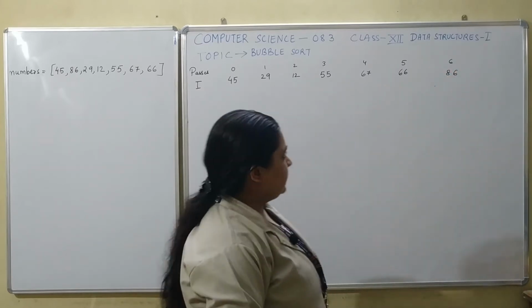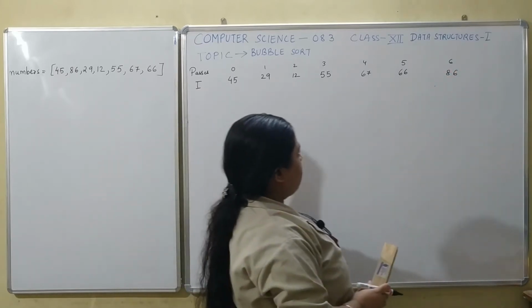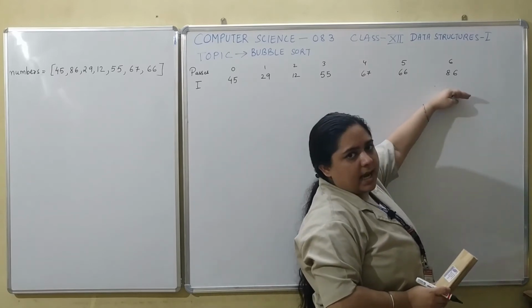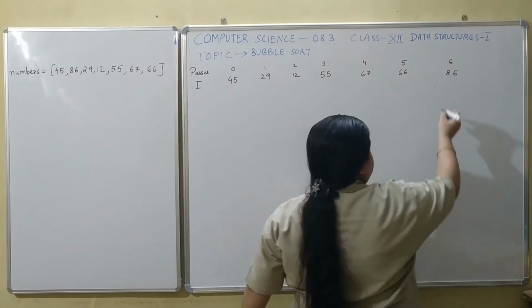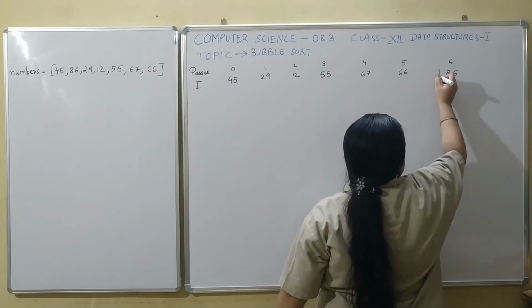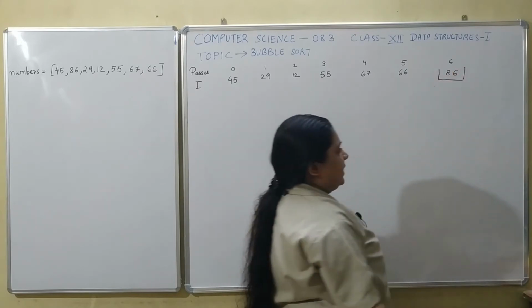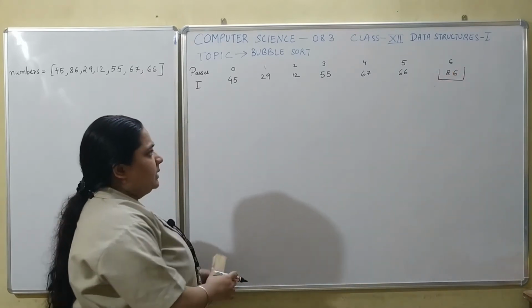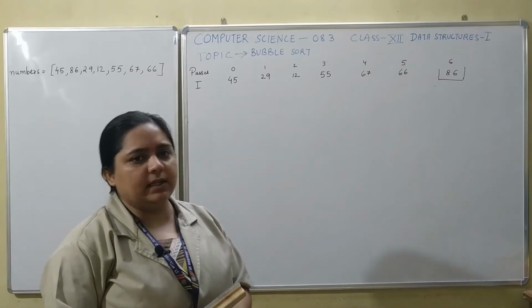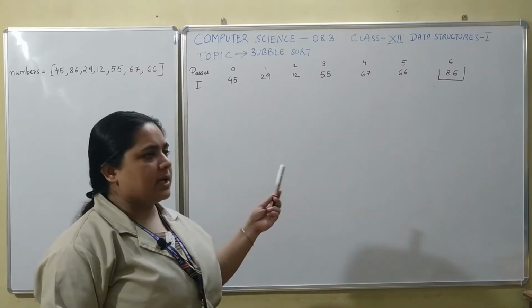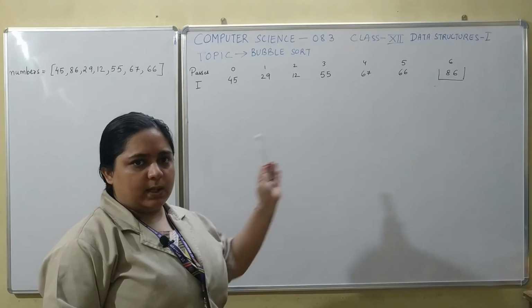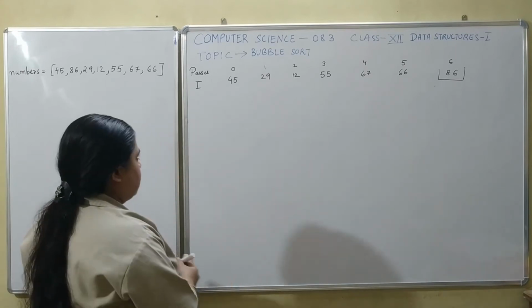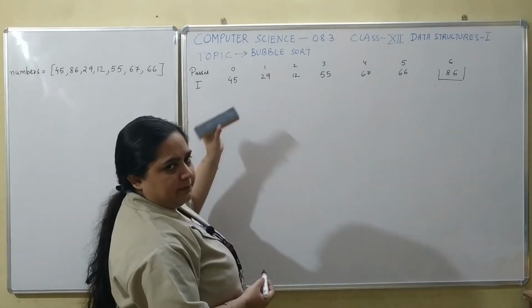So here you can see that the largest element is fixed at the end of the list. This is how the largest element has been fixed. Bubble sort starts fixing the positions of the largest elements towards the end of the list. So this ends our first pass.